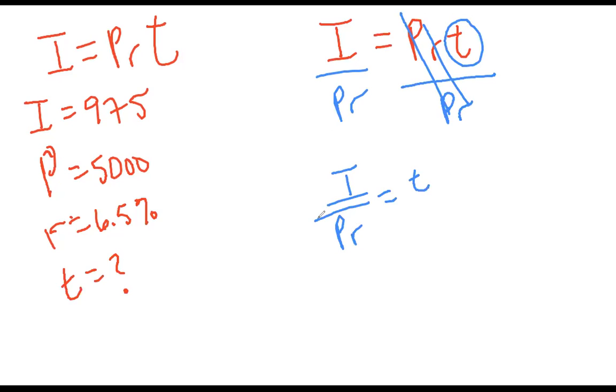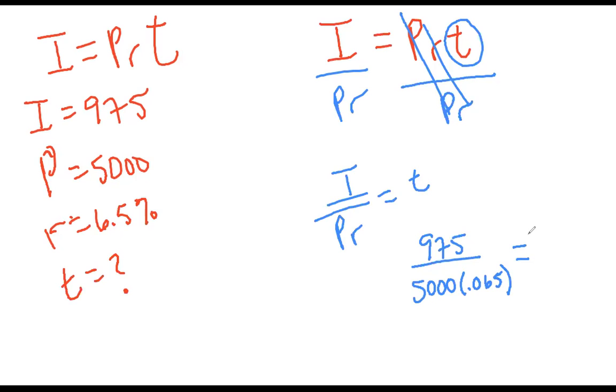So you're going to plug in I and divide it by PR. So my I is 975. It's going to be divided by 5,000 times my R as a decimal. So it's going to be 0.065. What was the answer, Jules? 3 years.